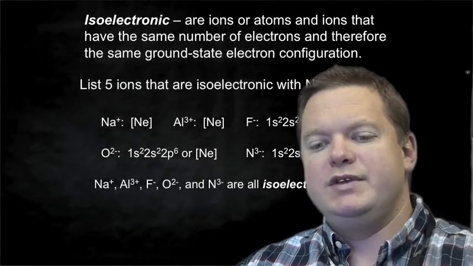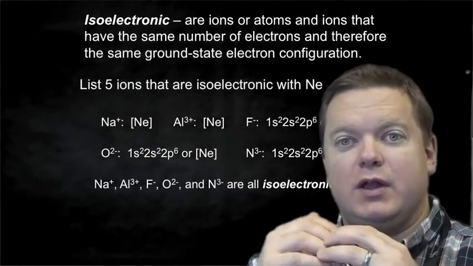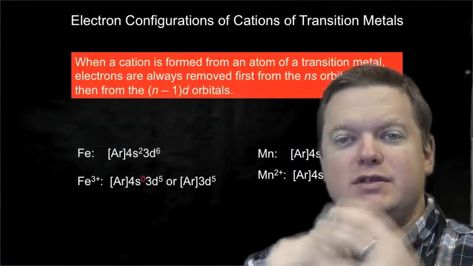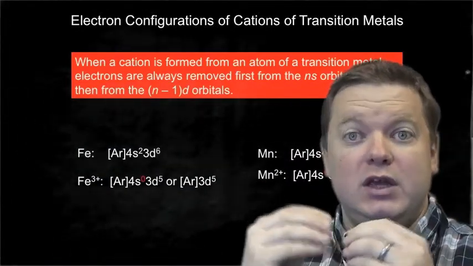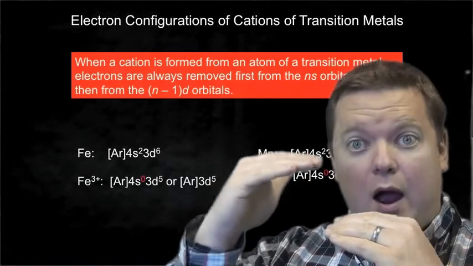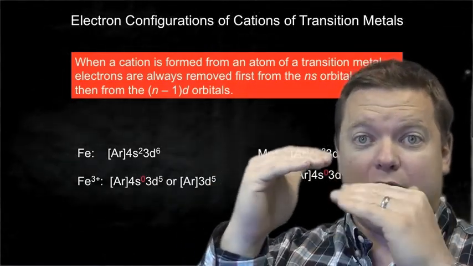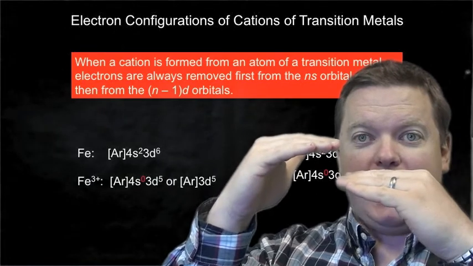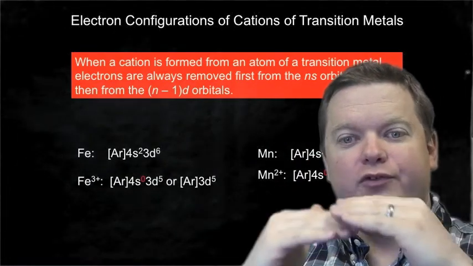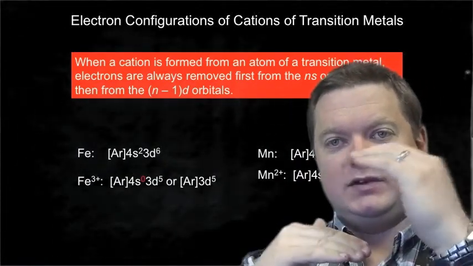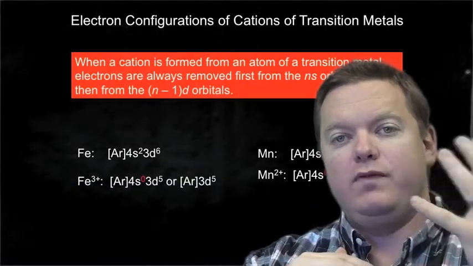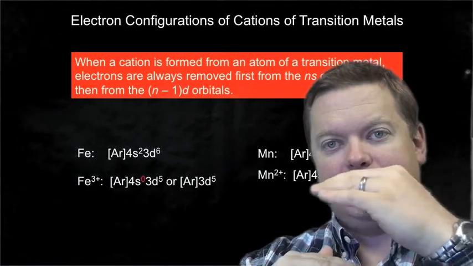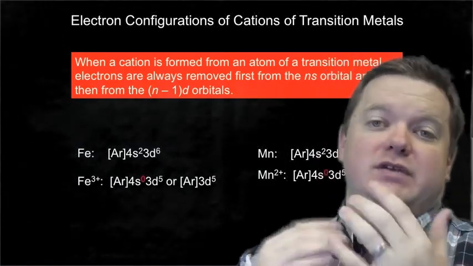We see that once we put electrons into those d orbitals, which are higher in energy than the s, and we put electrons in both of those, because of the repulsions they have, they actually switch places. The energy levels change, which means now the s orbital is higher in energy. So if we're going to remove electrons from that atom, they're going to come from the highest energy level, these s orbitals.